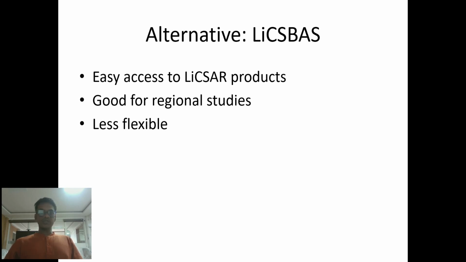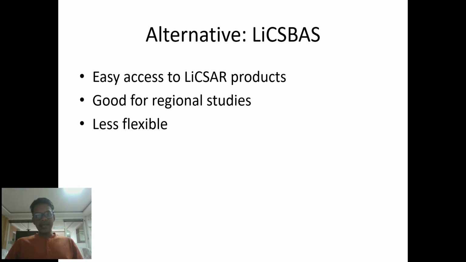But there are limitations for this one. It is mainly tied to only the LiCS ecosystem and it is less flexible. Mostly it is good for beginners and also for rapid analysis, just like an overview, not complete in detail.